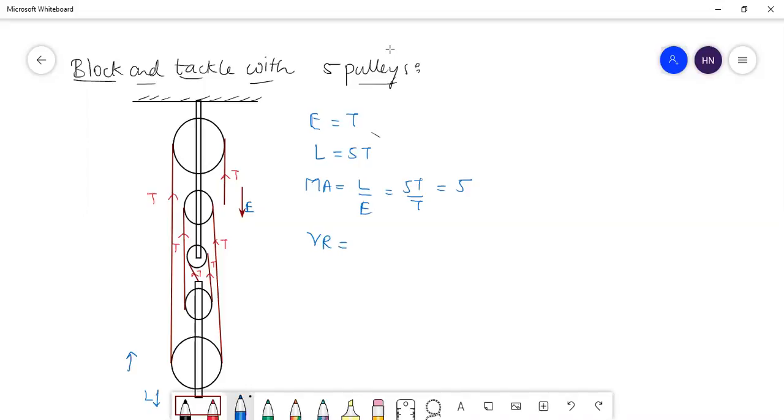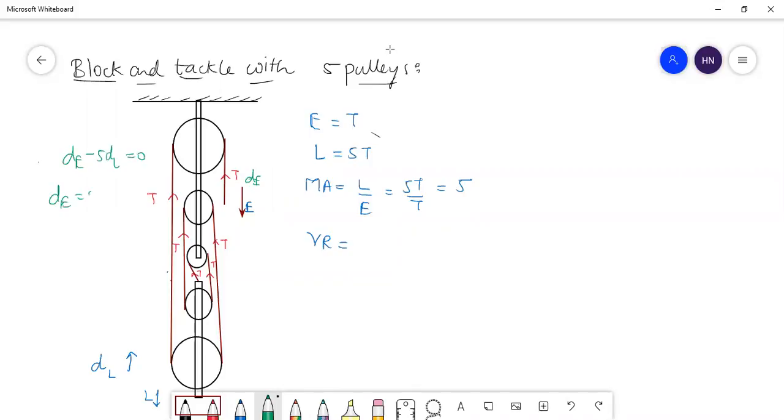If your load moves by distance dl, every string will move by distance dl. So 1, 2, 3, 4, 5, all will move by dl. So there will be a decrease in length for every string, that will be minus, and this will be plus de. Again, you will get your de condition with respect to your dl as minus 5 dl plus de equal to 0.